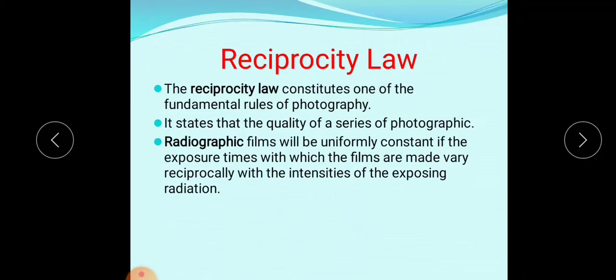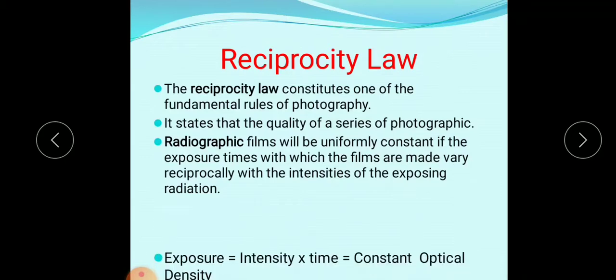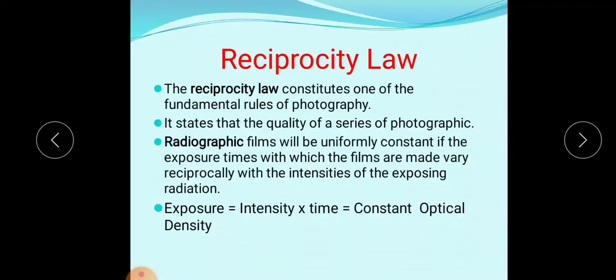The radiographic film density will be uniformly constant if the exposure time varies reciprocally with the intensity of the exposing radiation. Exposure is equal to intensity multiplied by time, which is equal to a constant optical density.